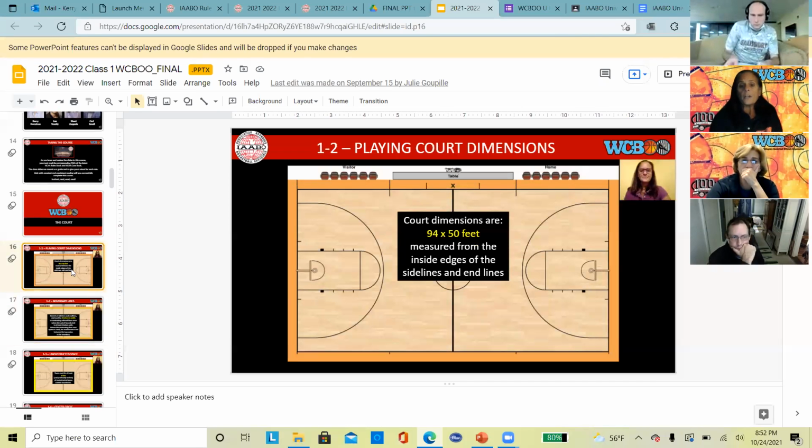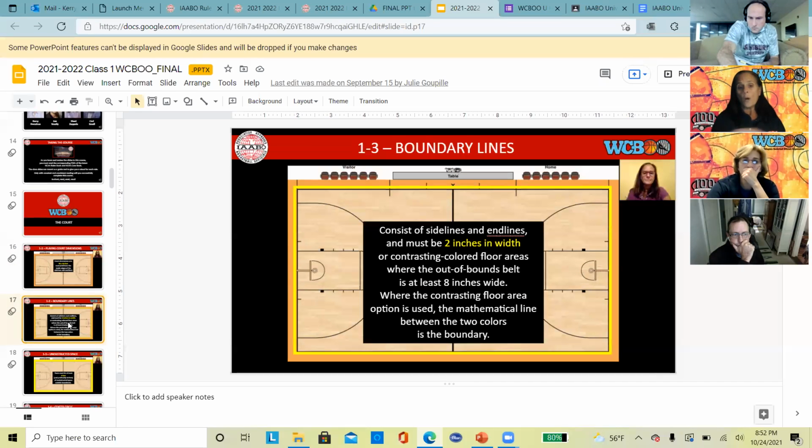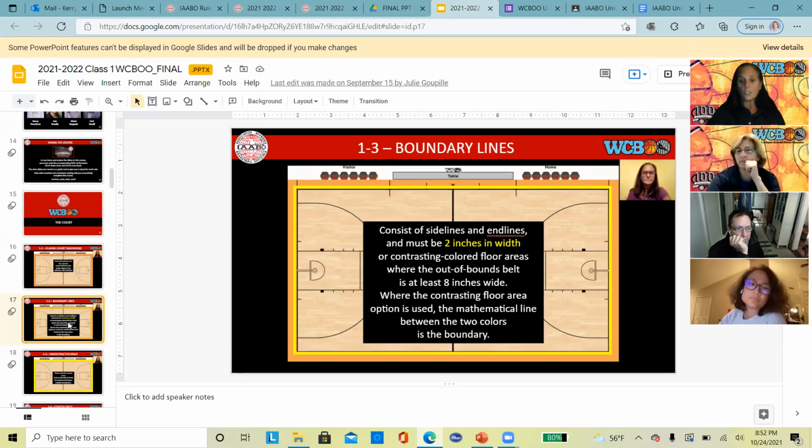Okay, so we know that the court is 94 by 50 feet, 94 feet long, 50 feet wide. And then the next one is in Rule 1, Section 3, the boundary lines. It talks about the boundary lines, sidelines, the end lines. They're highlighted in yellow, and this is 2 inches width.